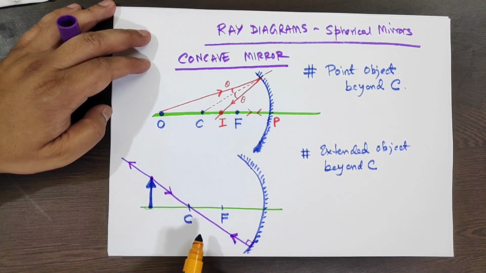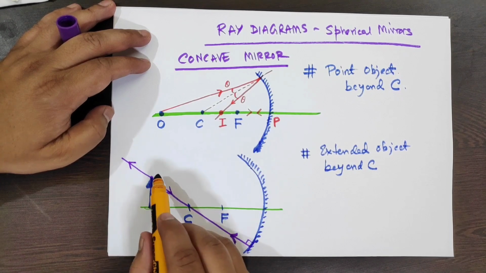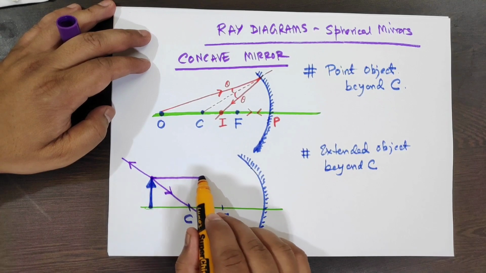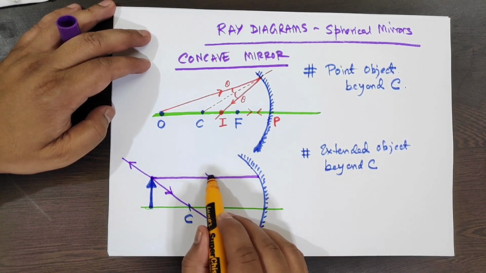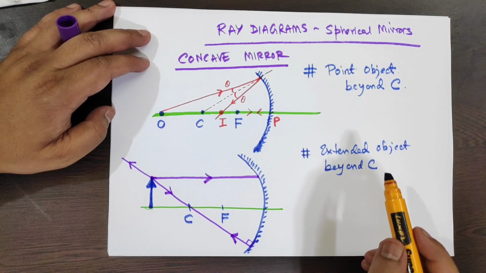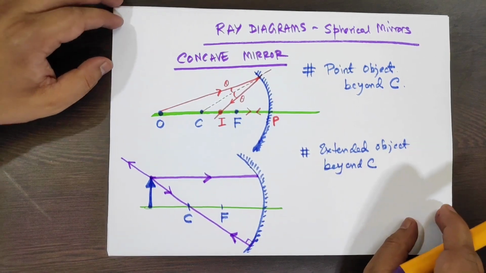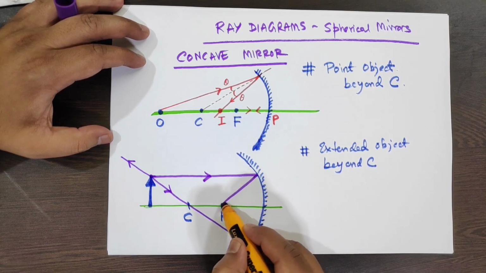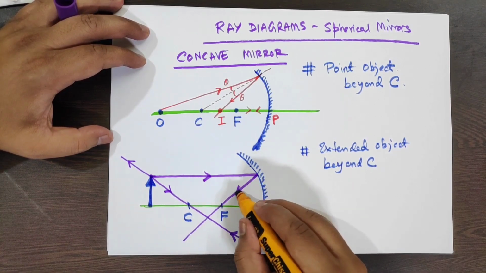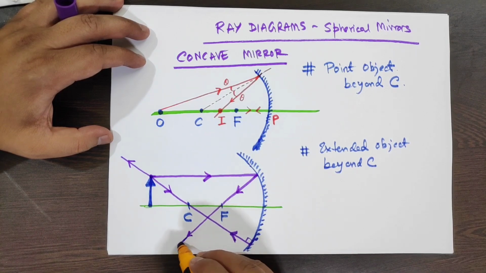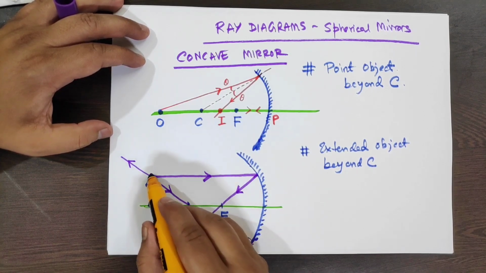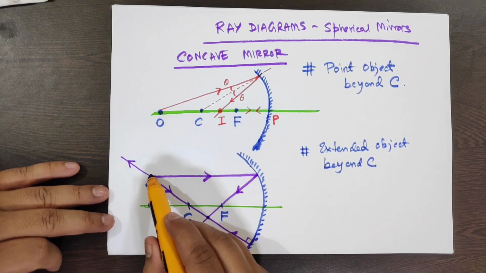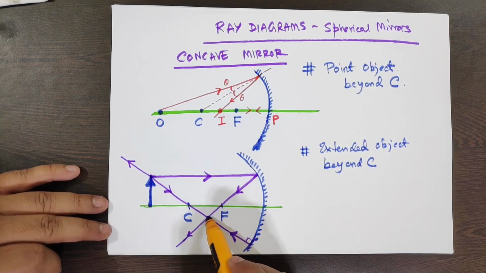And one more light ray. So one light ray through C, one more light ray will be parallel to the principal axis like this. The light ray parallel to the principal axis, as we have seen what focus is, will pass through the focus. So we got that for this point, this is the image. If this point is the object, then this is the corresponding image.